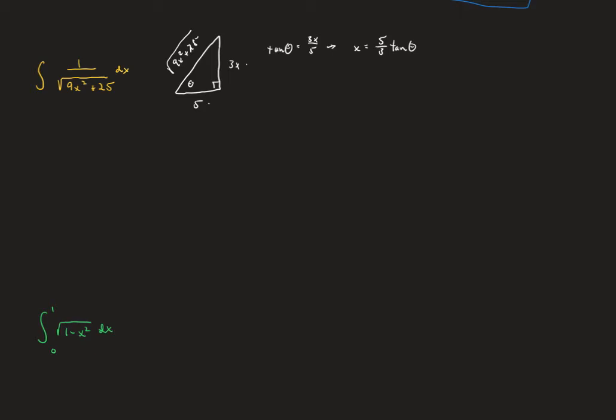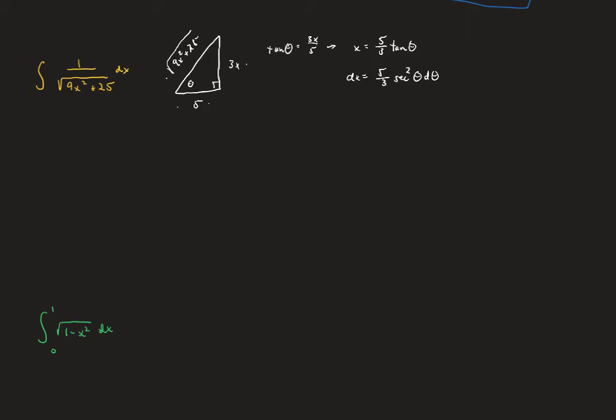We can now find dx by differentiating this, and that's going to be 5/3 secant squared theta d theta. We need to get the radical, so we're going to partner that with our constant.